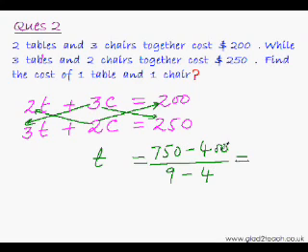So 750 minus 400 is 350 and 9 minus 4 is 5. 5 sevens are 35 and 5 zeros are 0. So that means the cost of the table is $70.